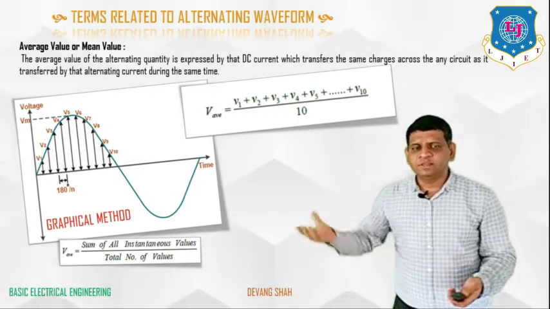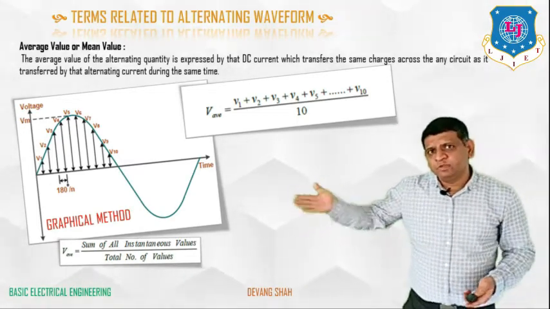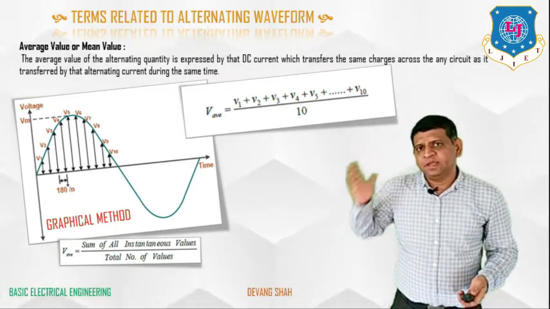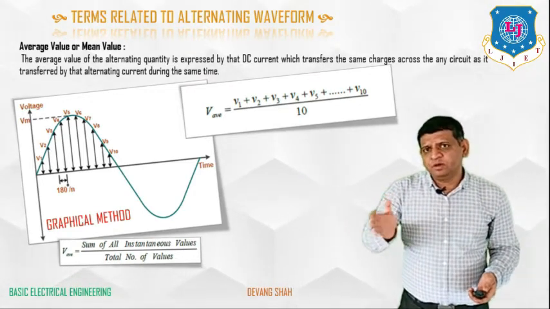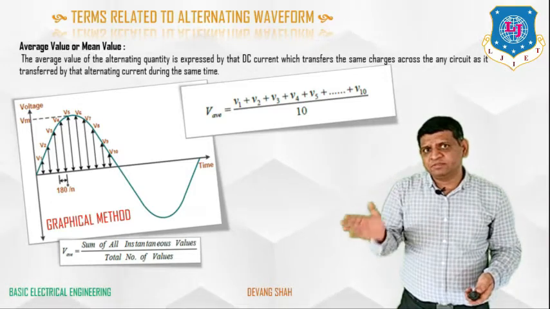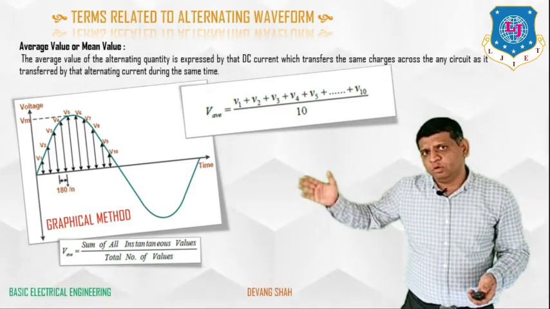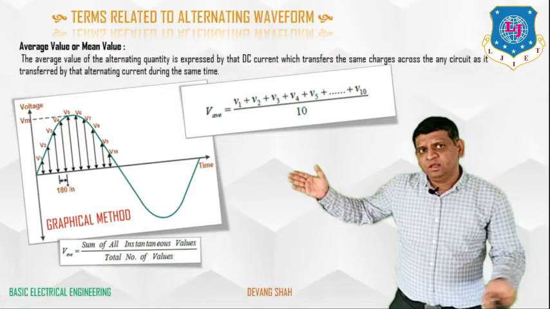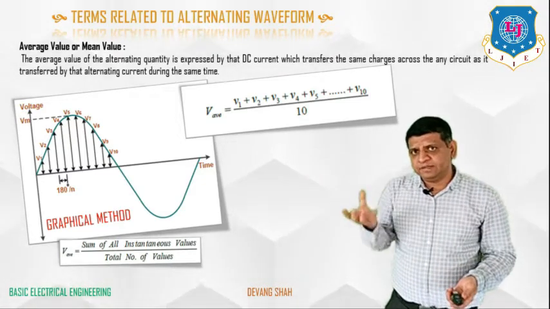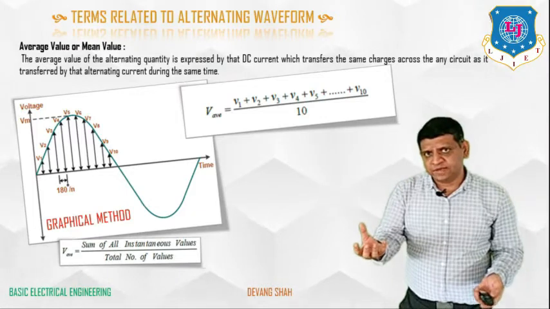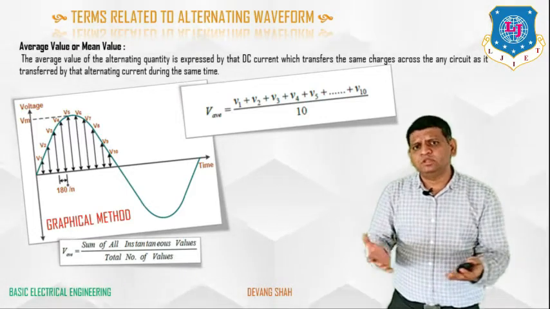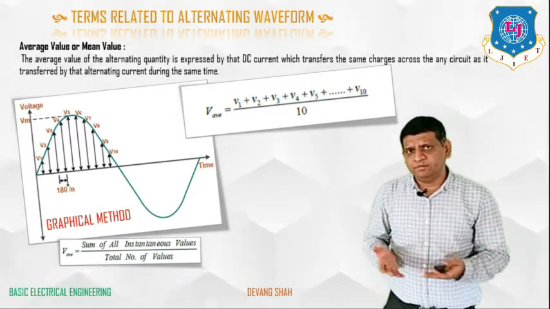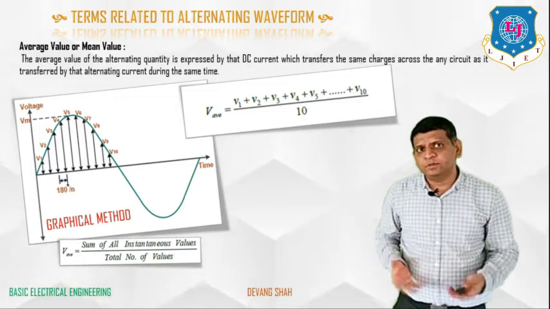In the same way, for this AC quantity, you can see the waveform. For the positive half cycle, we are taking the samples of the positive half cycle, and from this we can find all the voltage levels like V1, V2, V3 up to V10. So there are a total of 10 samples, right? We are going to add all the voltages from V1 to V10 and divide by the total number of samples, which is 10.